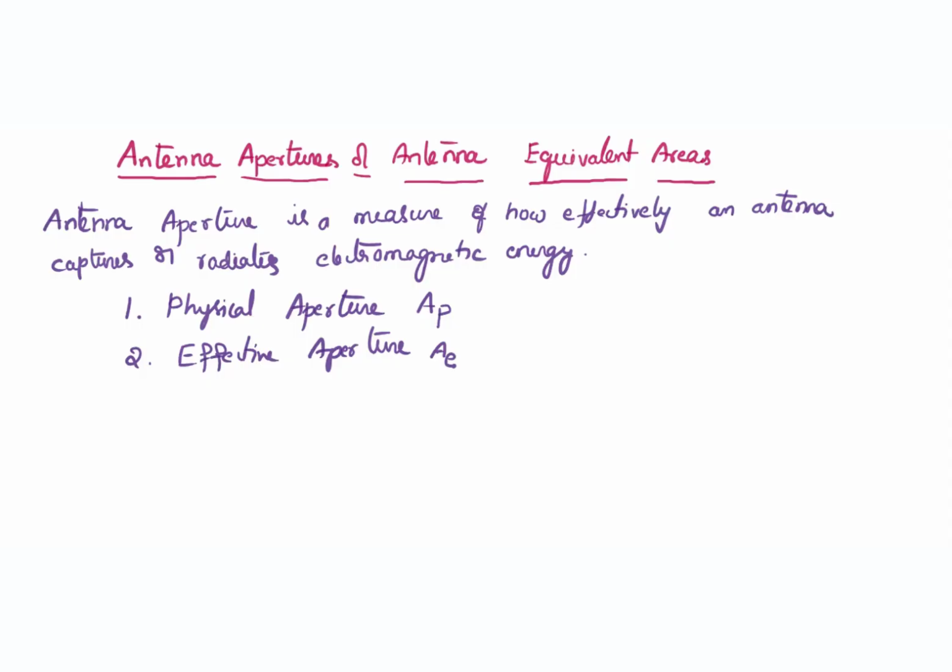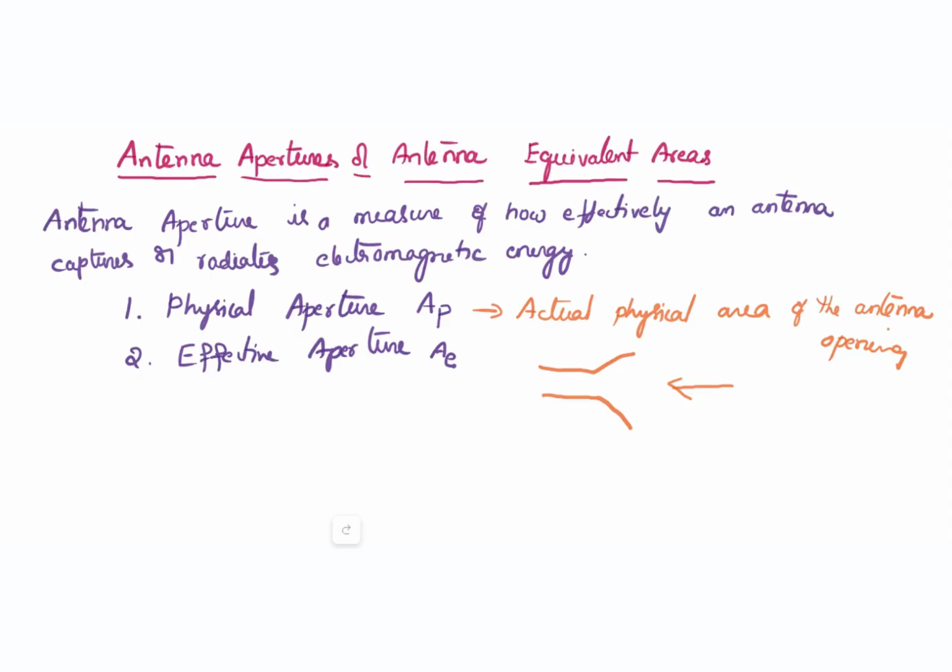Now let us go for physical aperture. It represents the actual physical area of the antenna, the actual physical area of the antenna opening. Suppose you use the antenna for receiving purpose, the wave is coming like this.